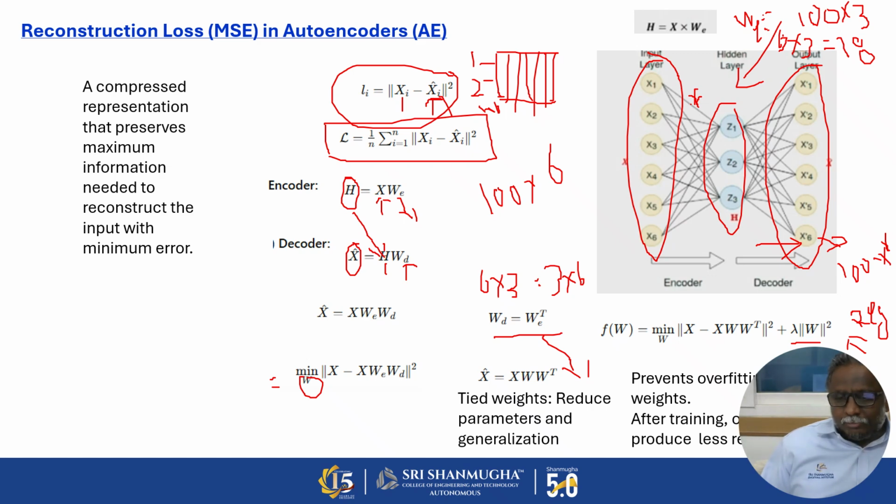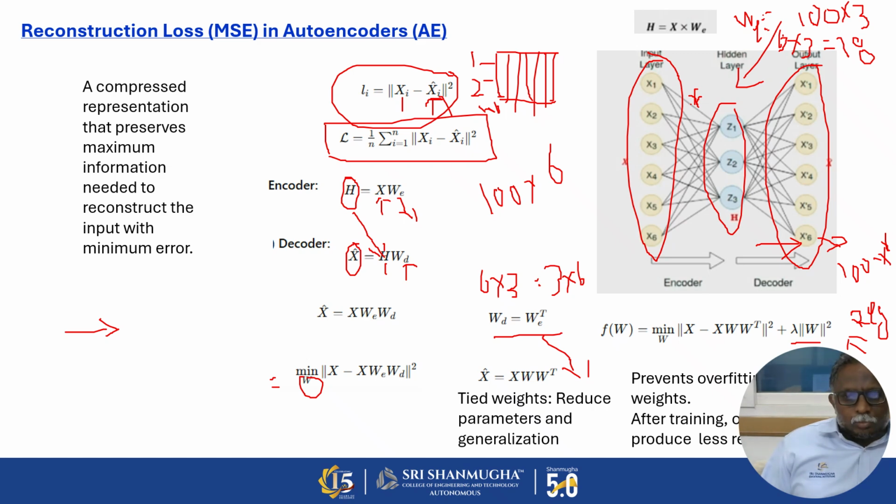As a result, you will be able to reduce the reconstruction loss. Once you train, you will have the optimized weights, and those optimized weights give you less reconstruction loss. That is the advantage of getting optimized weights to get minimum reconstruction loss.